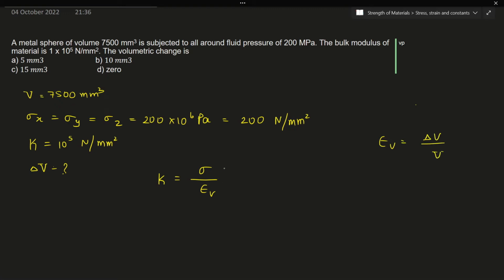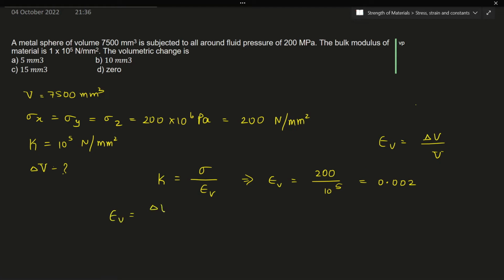So here let me just calculate epsilon v, the volumetric strain. So that is given by sigma. In all the directions sigma is same, so I'm going to take it as 200 divided by K, which is 10 to the power of 5. So here epsilon v would be equal to 0.002, and again epsilon v is equal to delta v by v, applying this formula.